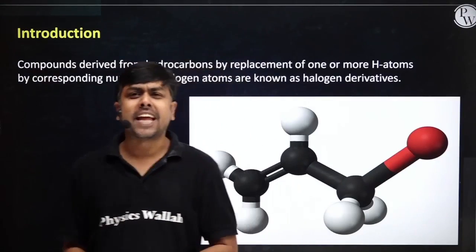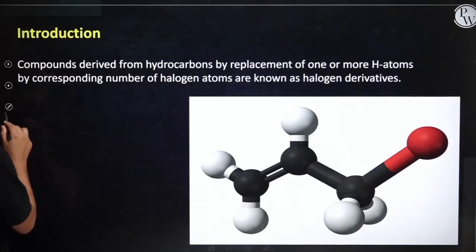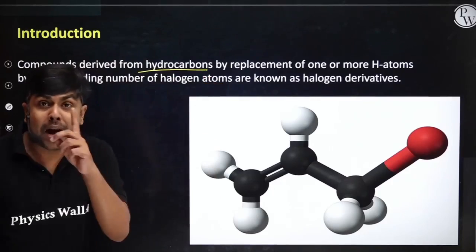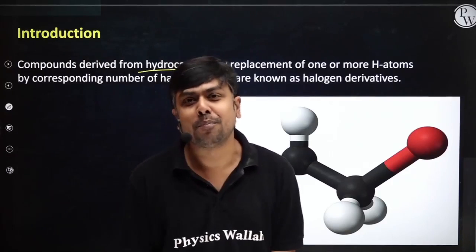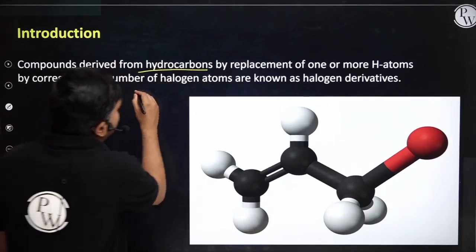Friends, now let's start our discussion on the chapter alkyl and aryl halides. We also say it as halogen derivative. The reason is basically alkyl halides are the organic compounds derived from hydrocarbon by replacement of one or more hydrogen atoms by corresponding number of halogen atoms.